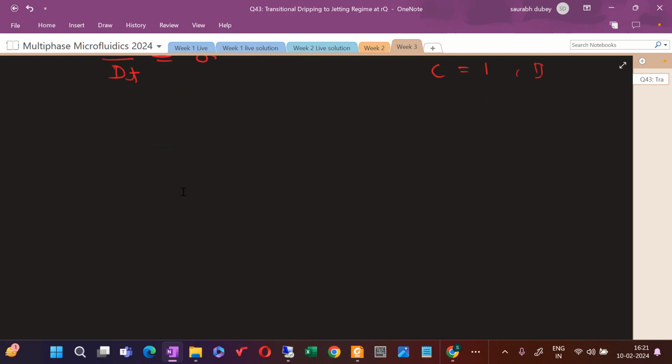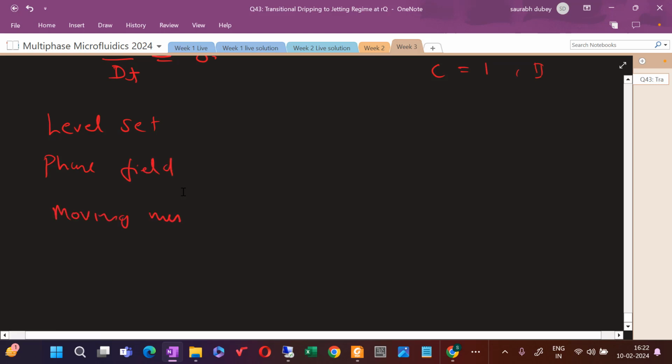So like if I tell you level set, phase field, moving mesh. Sometimes people use Cahn-Hilliard method. That is also there, to track the interface.